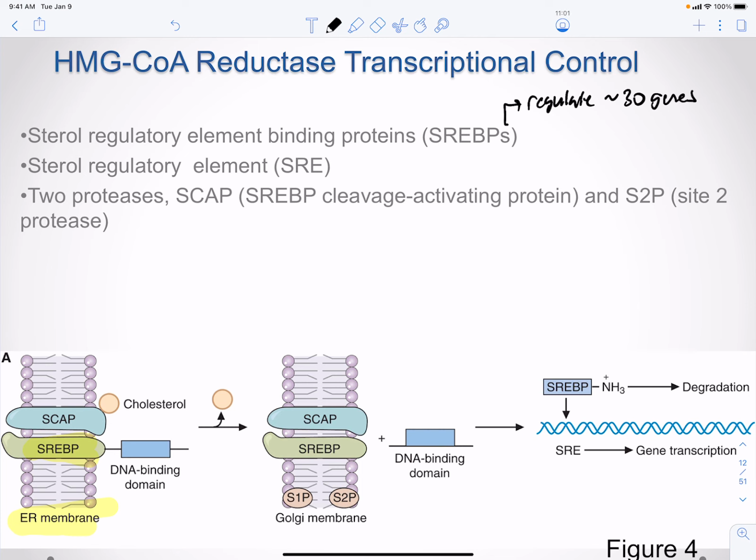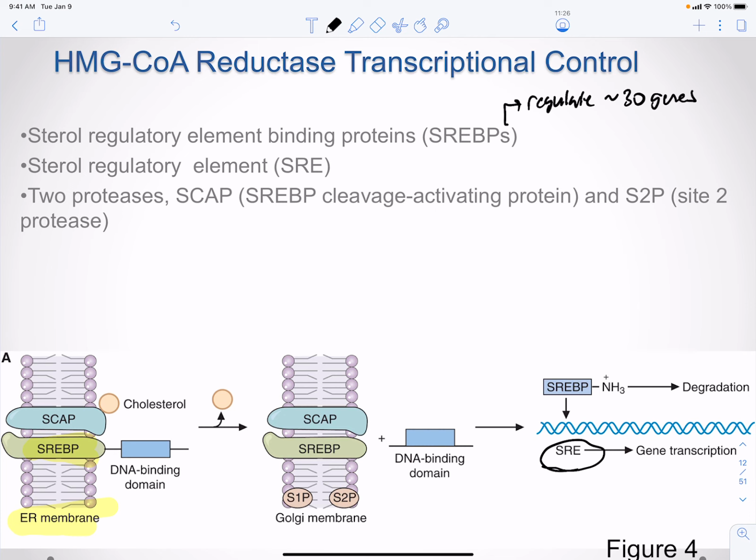Now, these binding proteins are going to enhance transcription by binding to the sterol regulatory element, or SRE. Now, when the sterol regulatory element is bound, the rate of transcription is going to increase, and that's shown here. Now, how does this happen?